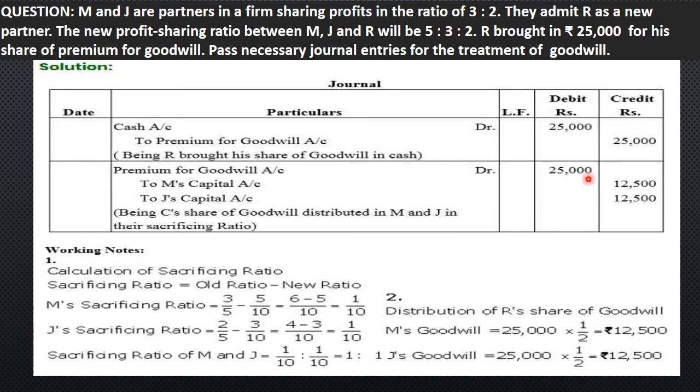It means that the 25,000 which the new partner brings for his share of goodwill will be shared by the sacrificing partners equally. Therefore, the entry is premium for goodwill to M and to J. The amount of goodwill brought by the new partner is rupees 25,000, and when we distribute it equally, M will get 12,500 and J will get 12,500.